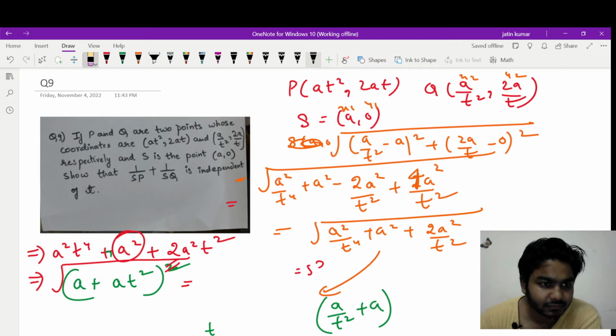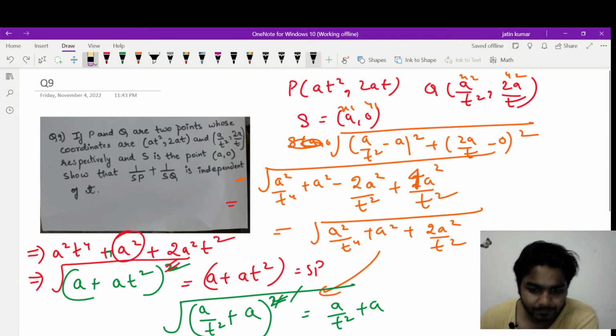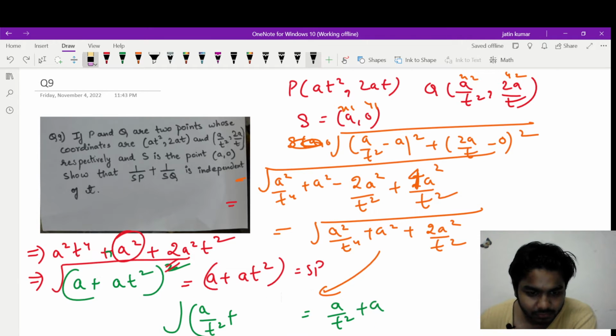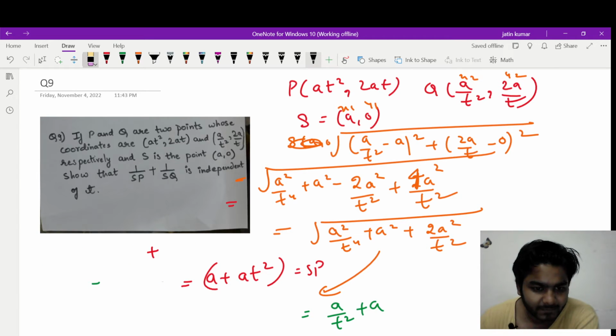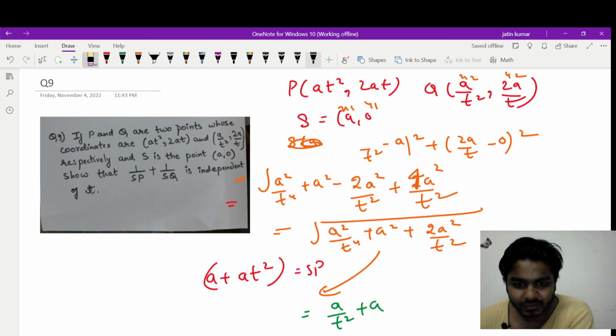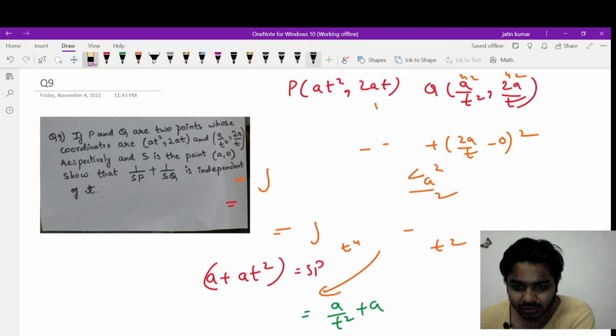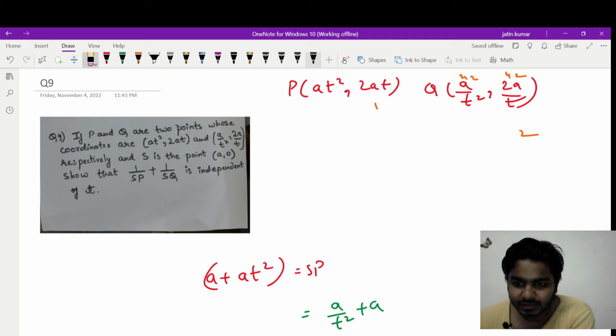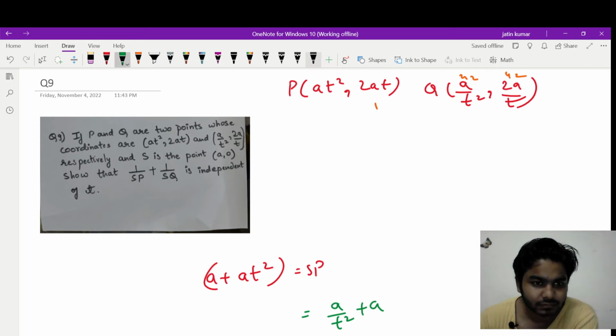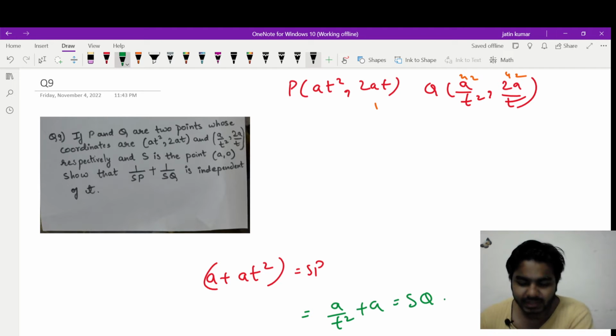Okay, careful. So we have got SP and SQ. Now can we put in the required equation? So this is SP and this one below is SQ. Now 1 upon SP we need to put now. So let's solve it further.